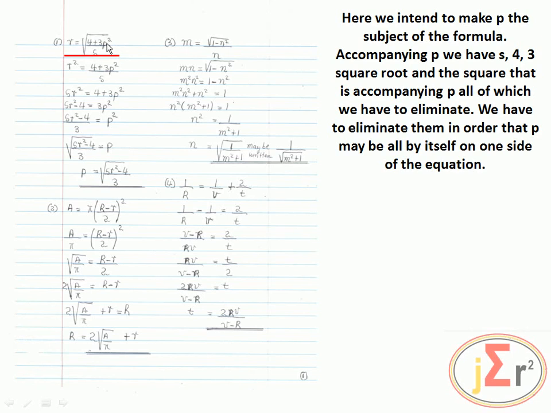So we have to eliminate every single one of those in order to have P to be the subject of the formula. We have to eliminate them in order that P may be all by itself on one side of the equation.